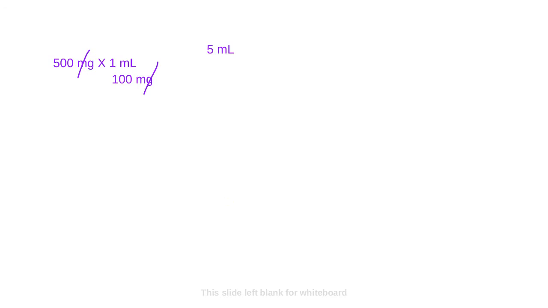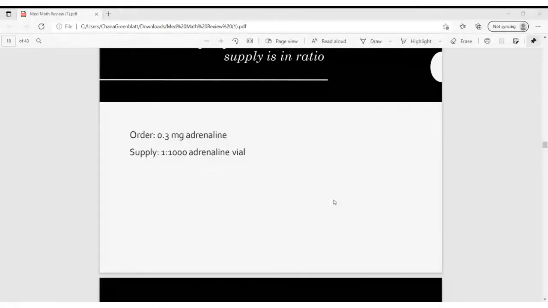Alrighty, so order, I have a patient, they're written for, maybe their heart rate is just really low, they're written for 0.3 milligrams of adrenaline. What I have is confusing because it doesn't look like it has any appropriate measurements right next to it. So I have something 1 to the 1,000 going on.